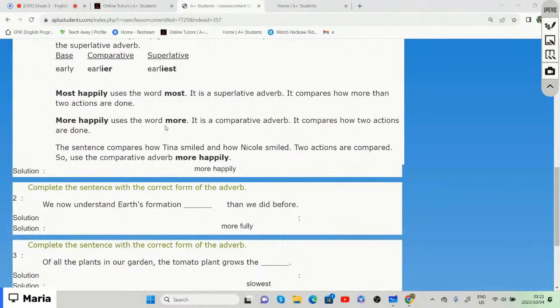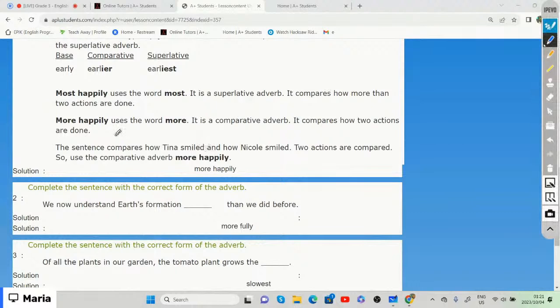So more happily, we use the word more, and this is a comparative adverb where we compared two actions that are done.